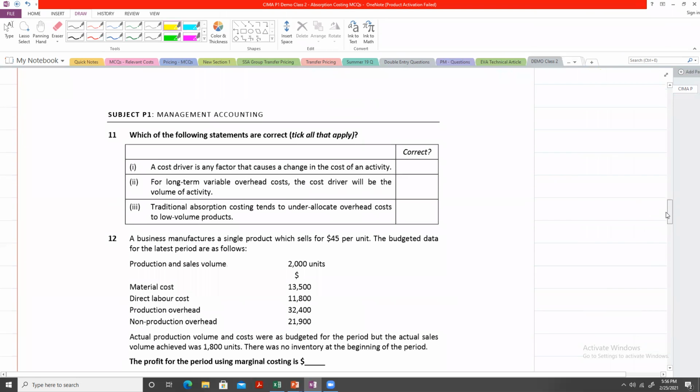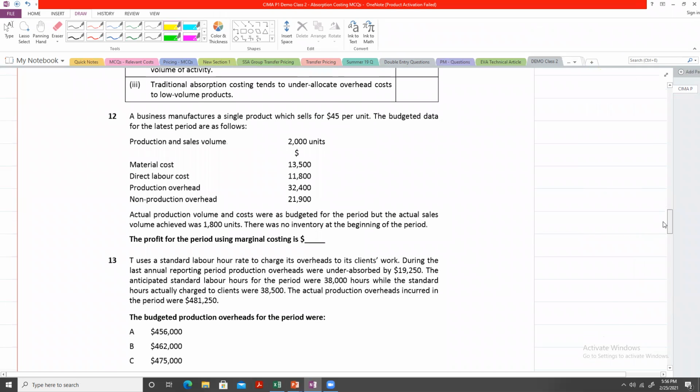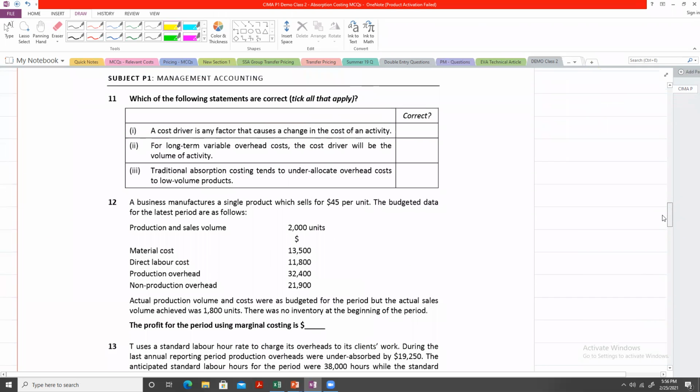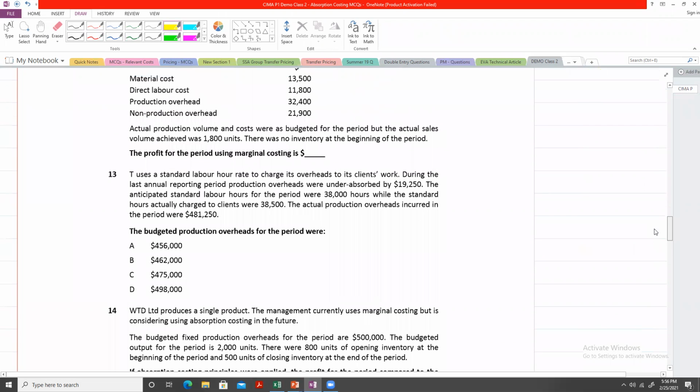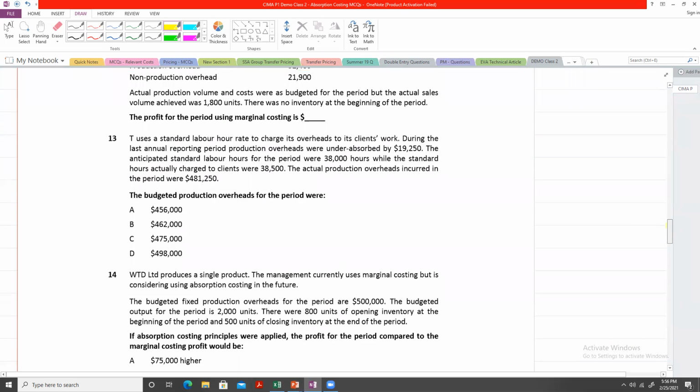Now, moving forward, let's do question number 13. This is a similar question to the last one.